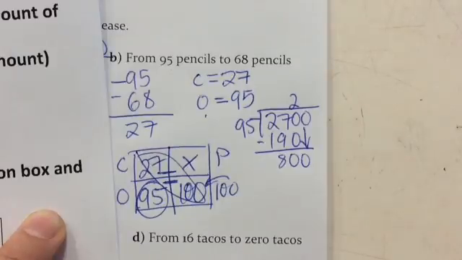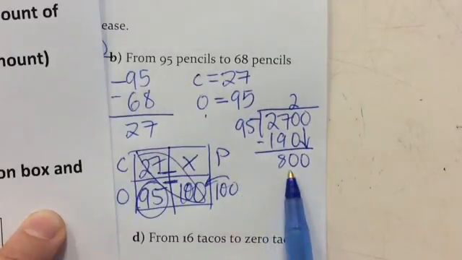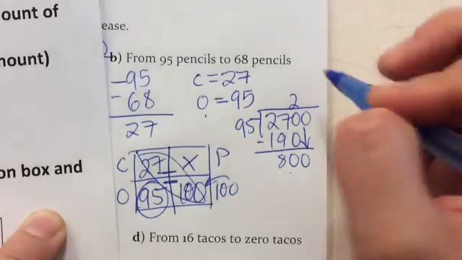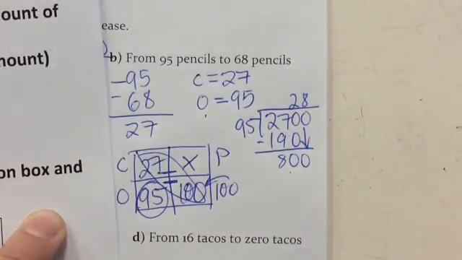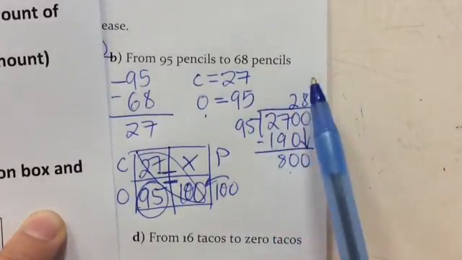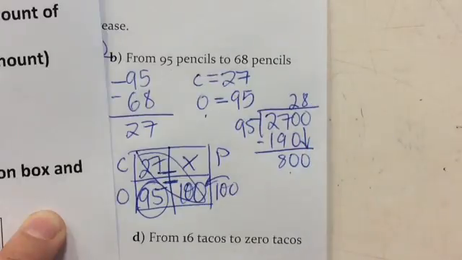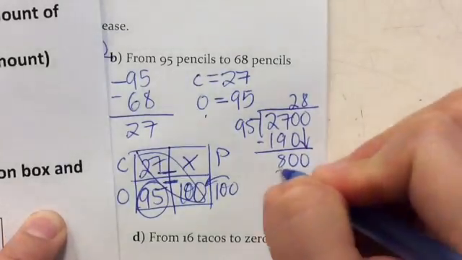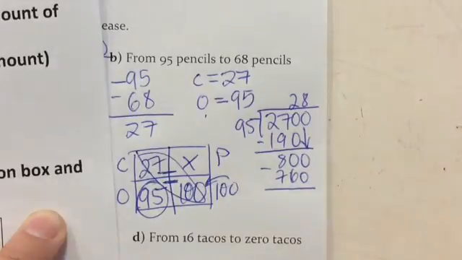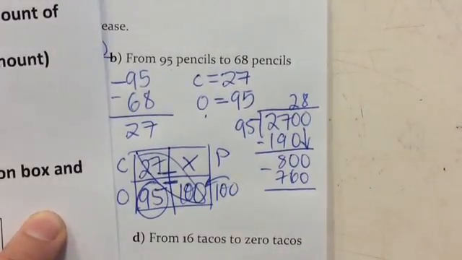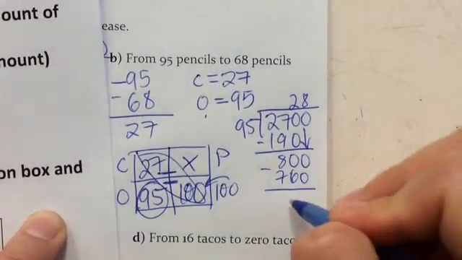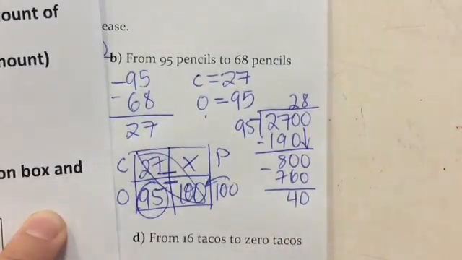Now you ask yourself, 95 goes into 800 8 times. 95 times 8 gives you 760. Subtract that, and you're going to have 40 left over, okay?